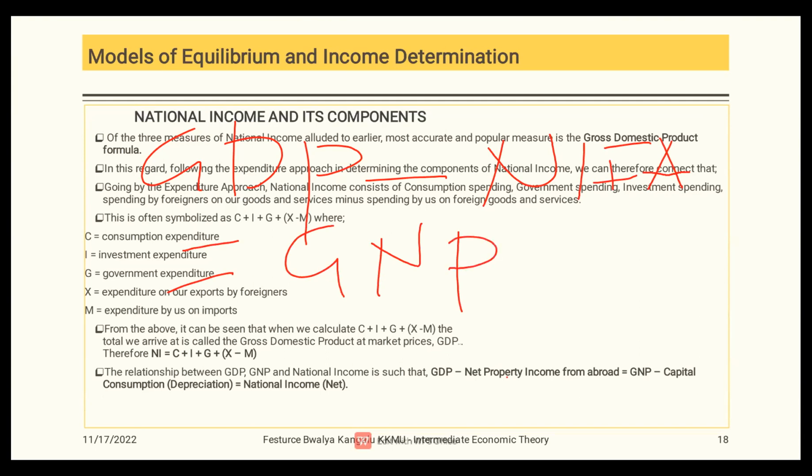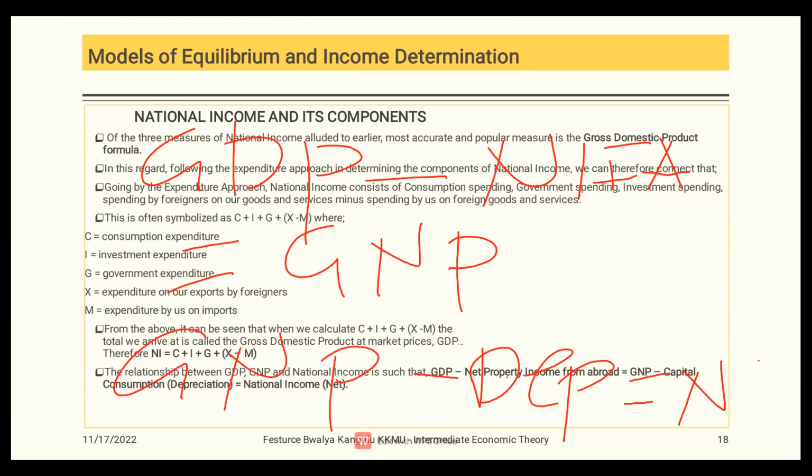And again, from GNP, when you subtract depreciation or capital consumption, you get what is called the net national income, the NI, the national income.